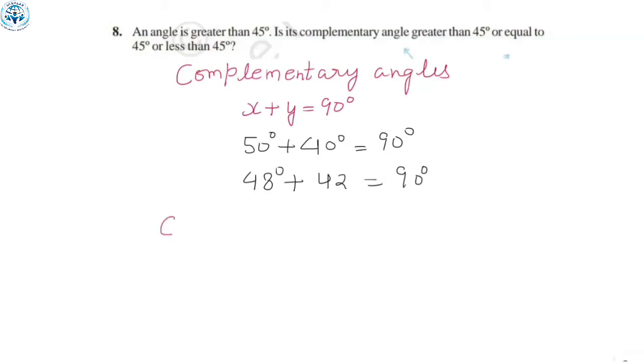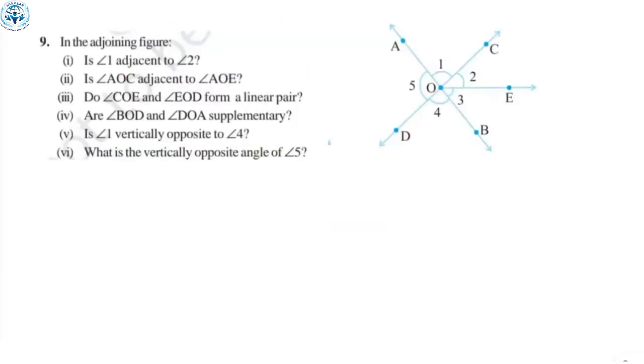So we can arrive at a decision that if an angle is greater than 45 degree, its complementary angle will be less than 45 degree. Proceed with the next one.